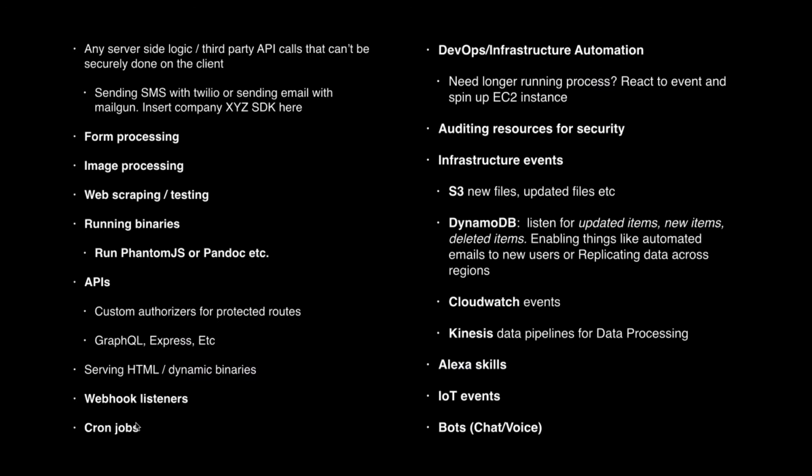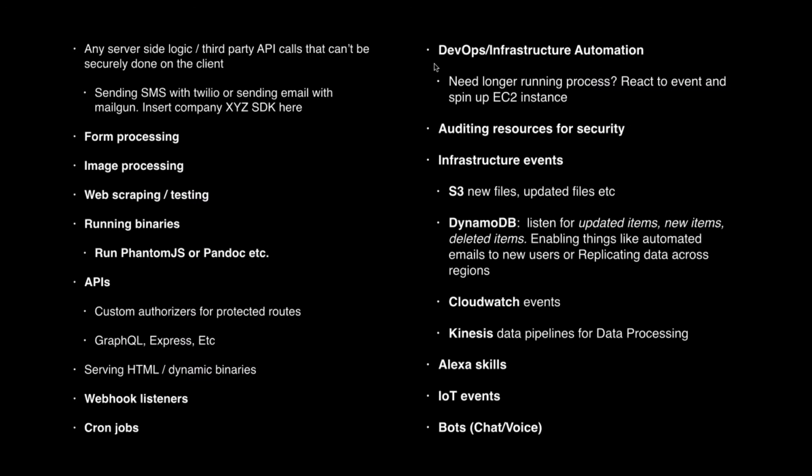For example, you could set up a cron job, like I mentioned, to run a PhantomJS process to scrape your favorite website, pull back the latest information, and send yourself an email with that. You can really mix and match all of these things together, which is what makes this serverless event-driven computing really powerful, in my opinion.